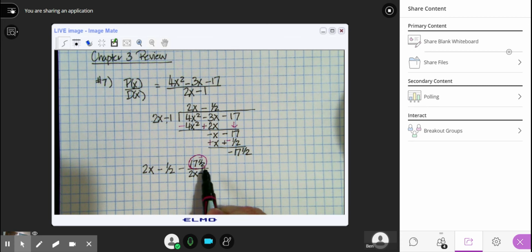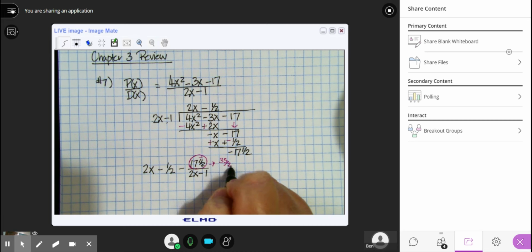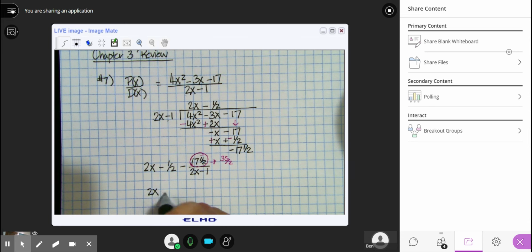They don't like that fraction on top of a fraction idea. So this would be 35 over 2, which switches this to 2x minus 1/2 minus 35 over 2 times 2x minus 1.